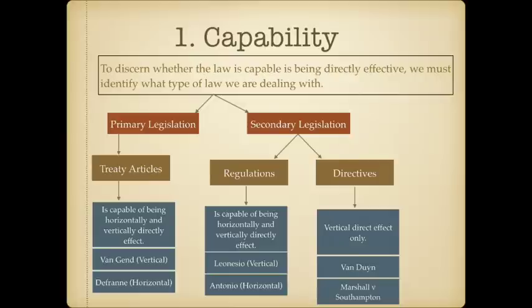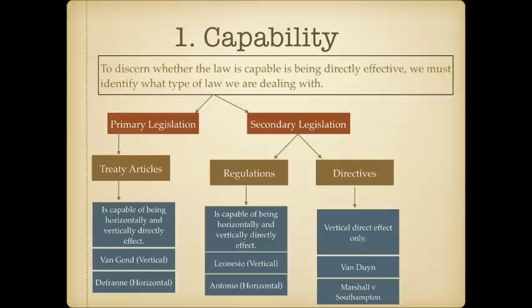So the cases that show this are Leonesio v Italian Ministry, where the government refused to pay cash for EU regulations which were trying to reduce milk production, and the claimant here slaughtered 5 of his dairy cows, and so he needed to be paid compensation, which the government refused to do, and he was able to directly rely on these regulations. And similarly, horizontal direct effect is shown in the case of Antonio Muñoz.